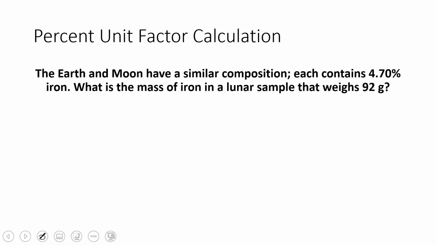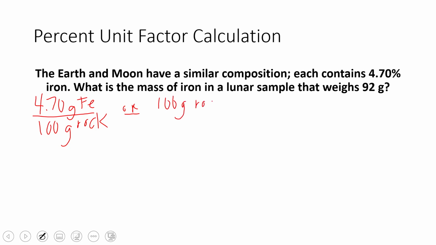So in this example problem, it says the Earth and the Moon have a similar composition. Each contain 4.70% iron. So we're going to write our 4.70 grams of iron over 100 grams of rock. Or, remember, we could write it as 100 grams of rock for every 4.70 grams of iron.